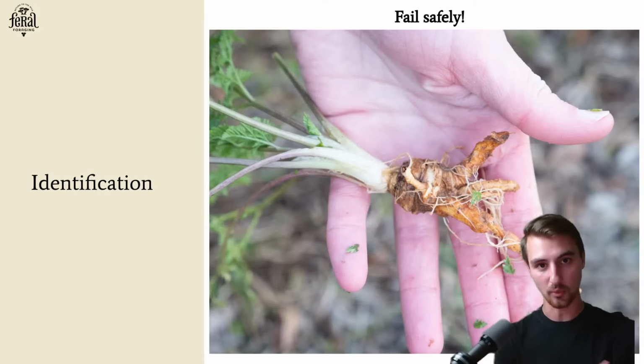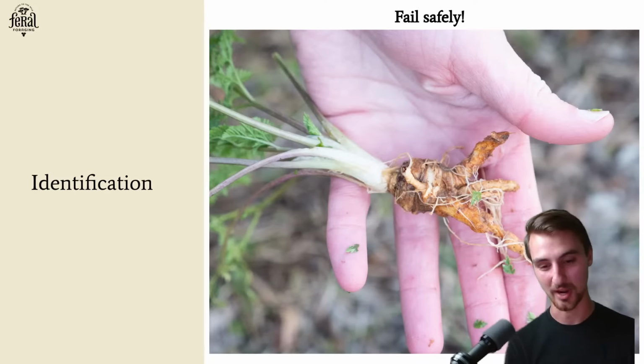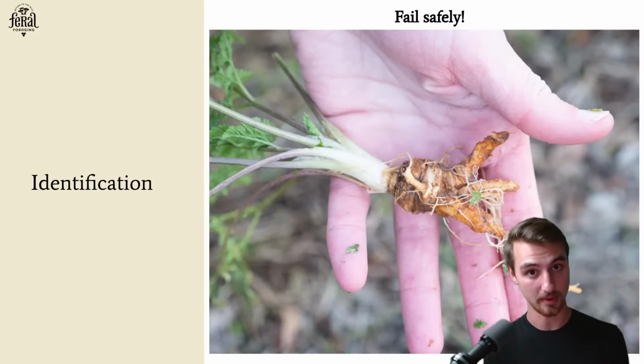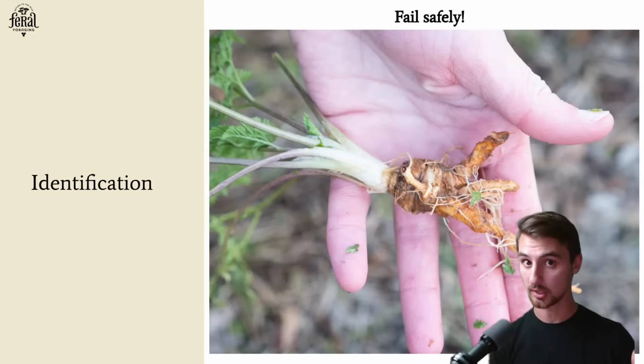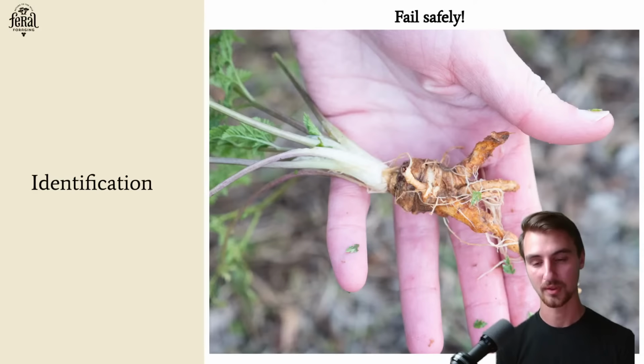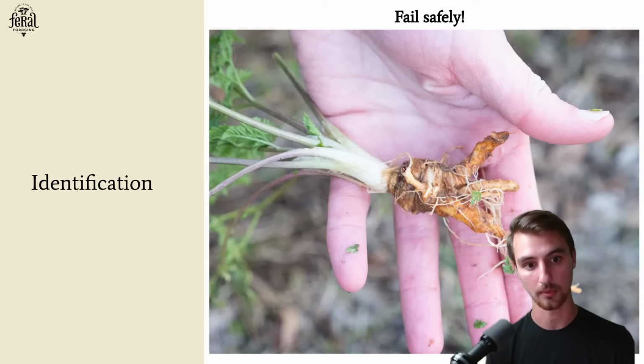I don't ever want that to happen. If you sampled from a really large piece of the stem, it would clearly be hollow, but you need to know to look for that. That's why it's so important, because it could set you up to mistake poison hemlock for a wild carrot, and that's the dangerous scenario.